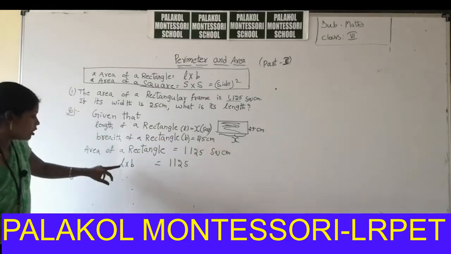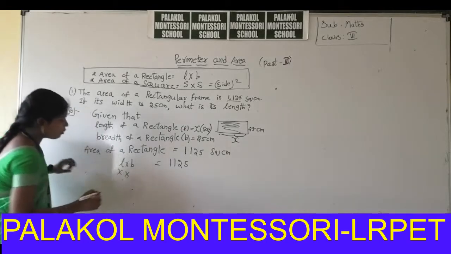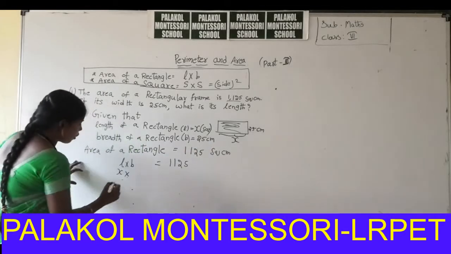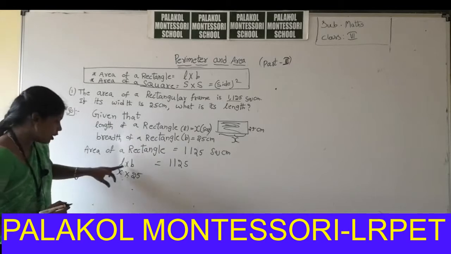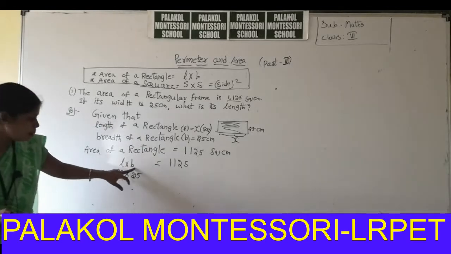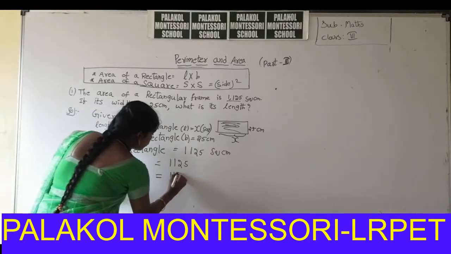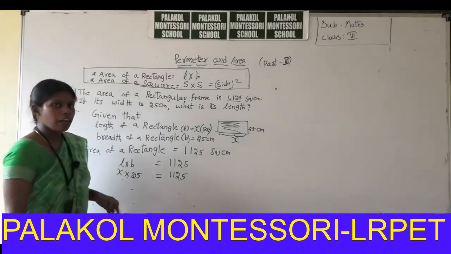What is the length? Length is equal to x. So in the place of L, we take x, and breadth of a rectangle is equal to 25. So x into 25 is equal to 1125.